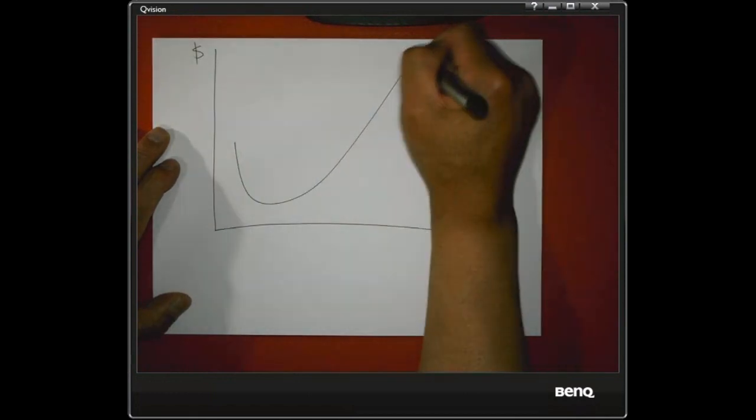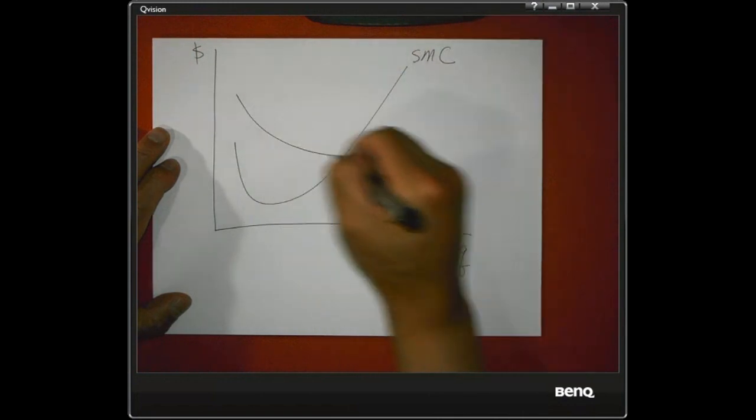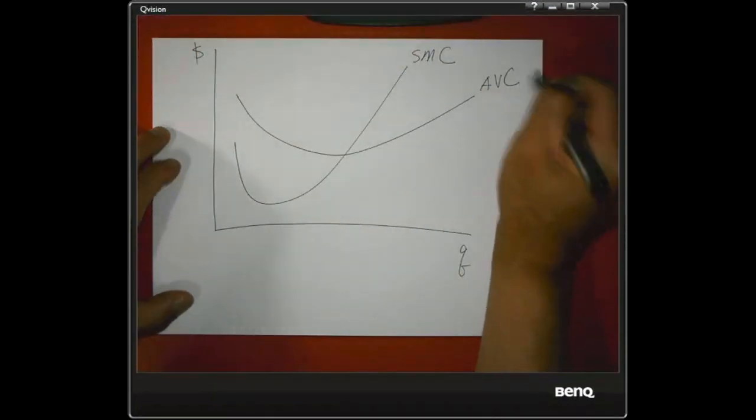We figured out the short run marginal cost, and we also figured out the short run average cost.